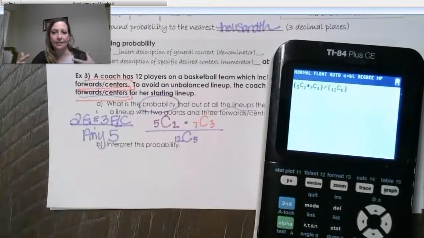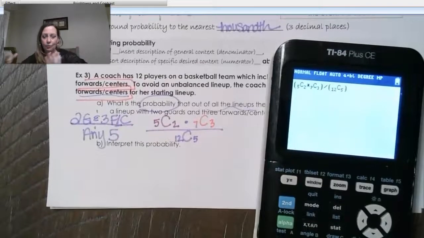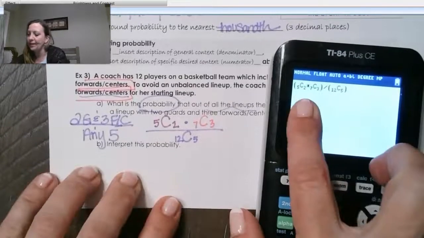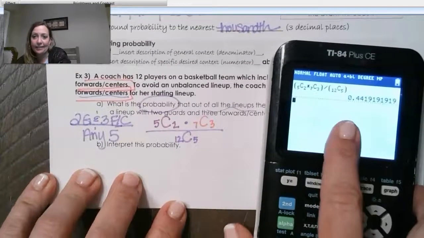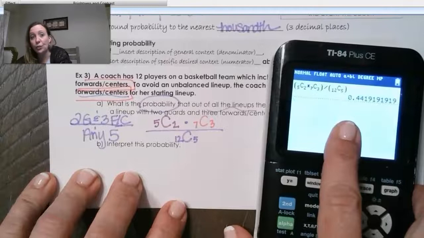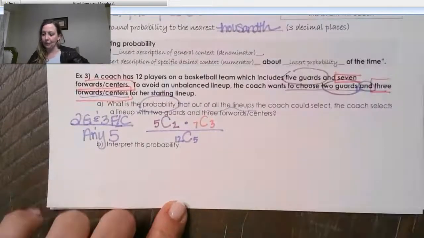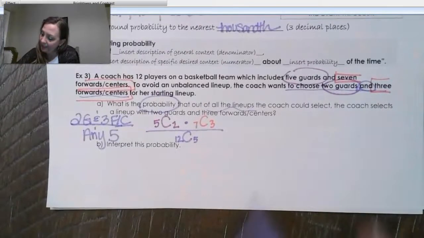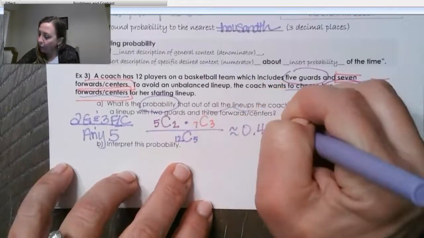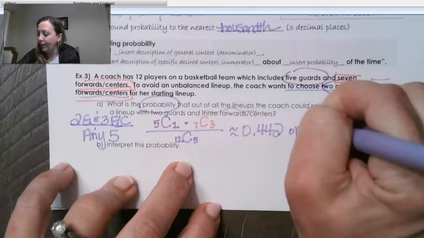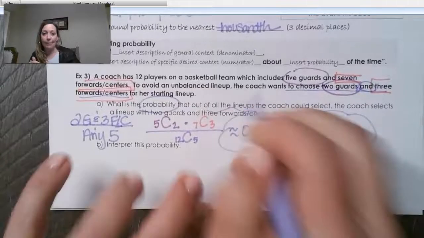Again, because it's all multiplication and division, I don't need parentheses, but I'm just trying to show you that here's our numerator. We're dividing by the denominator. And we get that this is about 0.442 if we round to the nearest thousandth. That 9 bumps that 1 up to a 2. So we see that this is about 0.442 or 44.2%. That's what we have for probability.